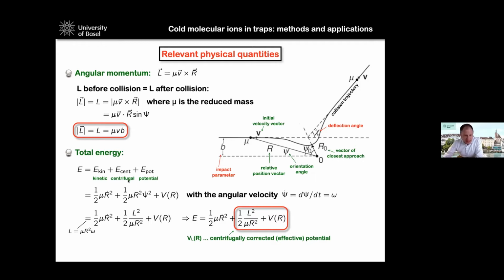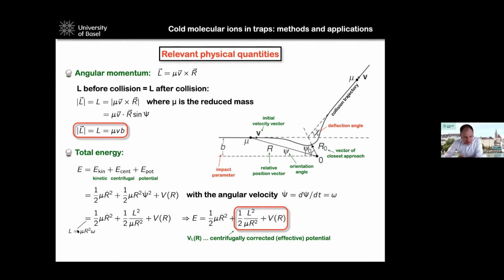In classical mechanics, the centrifugal energy can be expressed by this term here. So it's 1/2 mu times r squared times psi dot squared, and psi dot is the time derivative of this orientation angle. So it's the angular velocity by which this orientation vector, the relative position vector, is turned during the collision.